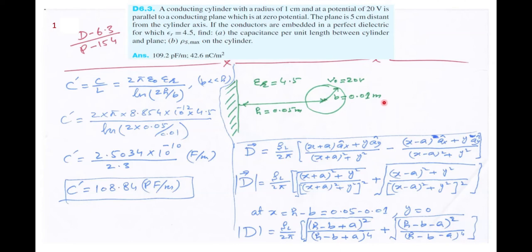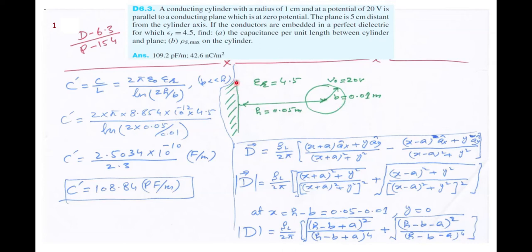Look at the figure. The cylinder is represented by a circle of radius b. In meters, the radius of this cylinder is 0.01 meter, and the potential on this cylindrical surface is 20 volt.